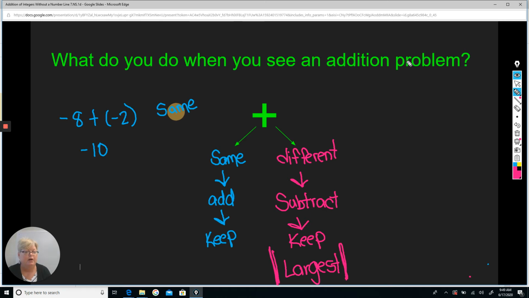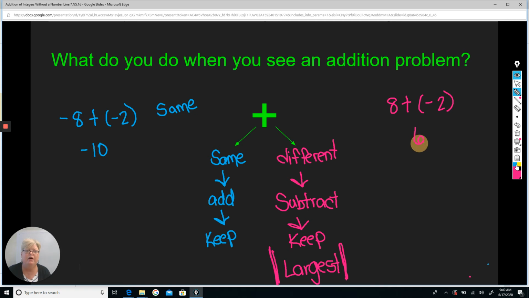Let's look at another problem where we have 8 plus -2. As you're looking at the terms, 8 is positive, 2 is negative, so they're not the same, they're different, and if they're different, we're going to subtract. Remember, we're going to ignore the sign, and we're going to say 8 minus 2. 8 minus 2 is 6.